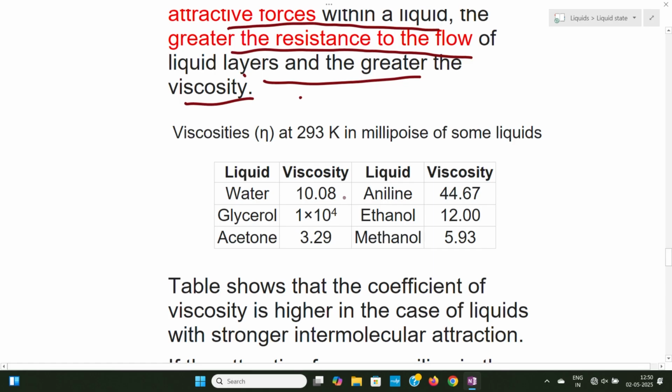So, those liquids which have higher viscosity have high intermolecular forces. Obviously, glycerol has a higher value compared to all other liquids. Glycerol has greater intermolecular forces of attraction.